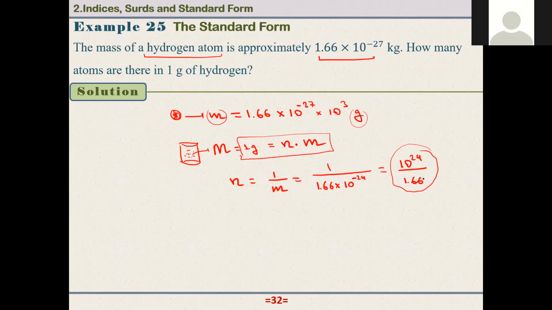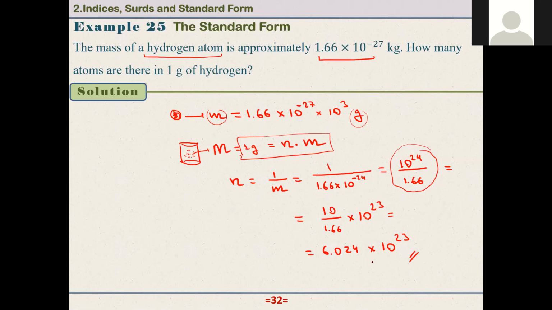We can simplify this. Now, if you write this in standard form, how can we do that? We can just write it as 10 over 1.66 times 10 to the power 23, right? And 10 over 1.66 is equal to 6.024 times 10 to the power 23.